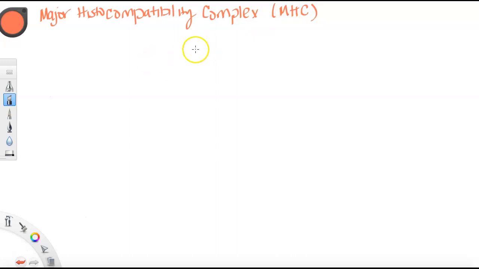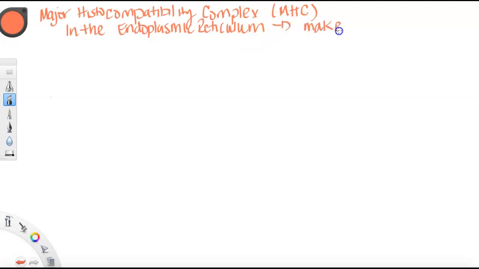These are the little platforms on the plasma membrane of cells that display things from the cell. In the endoplasmic reticulum, that's where they make MHC platforms.